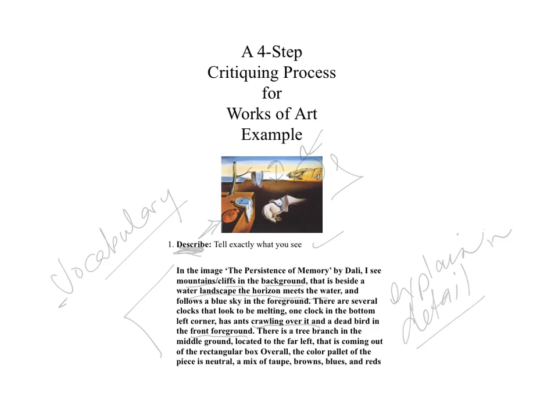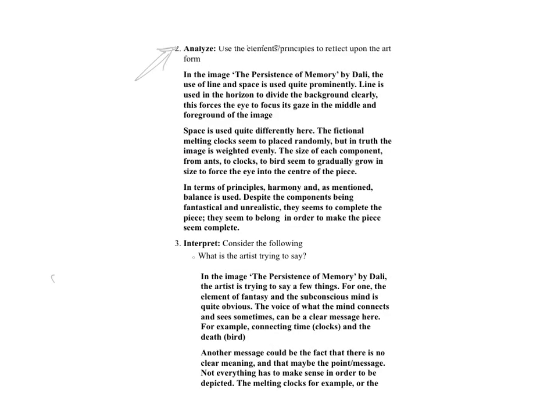There we go. Next, this is where we have your analysis, your analyze phase. So what's really, really important here, guys, where you are going to earn all your marks is that you're actually taking that image and you are breaking it down by your elements and your principles. Okay?